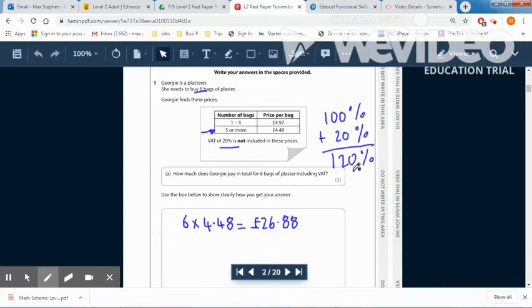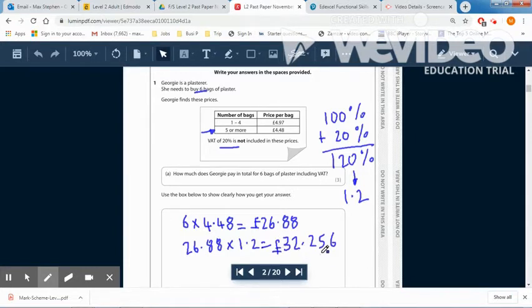And remember, if we want to change that into a multiplier, we need to divide by 100, so we're changing it into a decimal. My multiplier is going to be 1.2. So I come back to my price, which was 26.88, and I'm going to use my multiplier, which is 1.2. If I work that out, it's going to give me 32.256, and this is pounds.